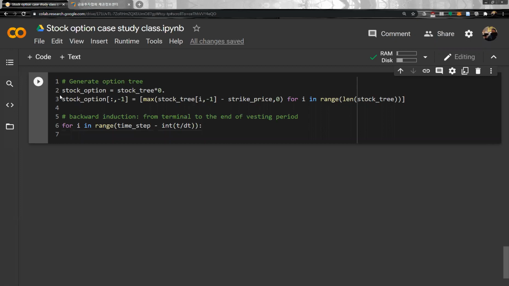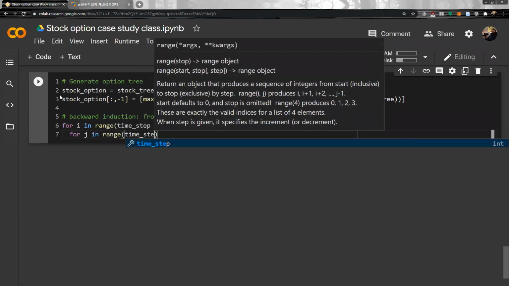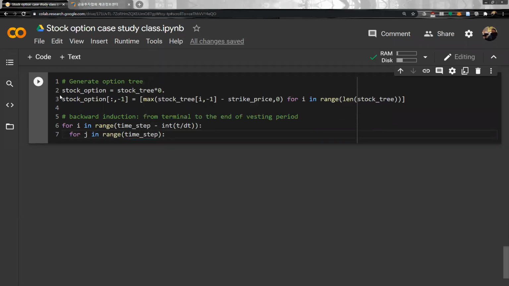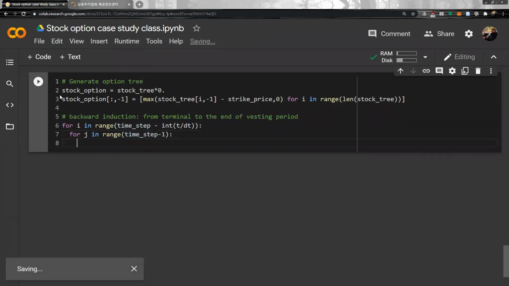Okay, index is fine. And then this is time, but to fill every row, so for J in range here, time step. So this is row. The first one is the column, row. Of course, minus 1 because I have to add 1.